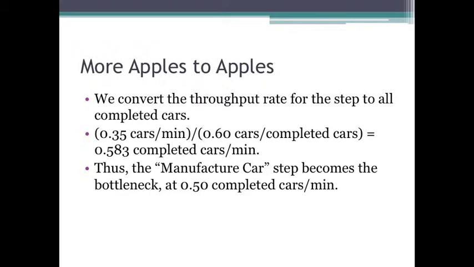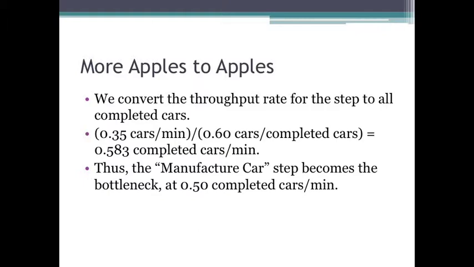Well, the customized car step can get done with 0.35 cars a minute. That's how much that step can get done. However, only 60% of the cars that the process completes goes through that step. So if we want to convert this to the cars that the process completes per unit time, we take that 0.35 cars per minute and divide by 0.6 cars per completed car.